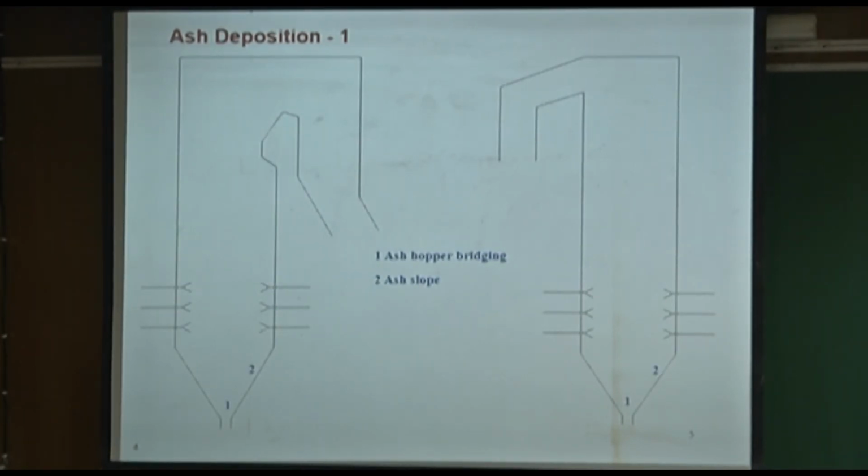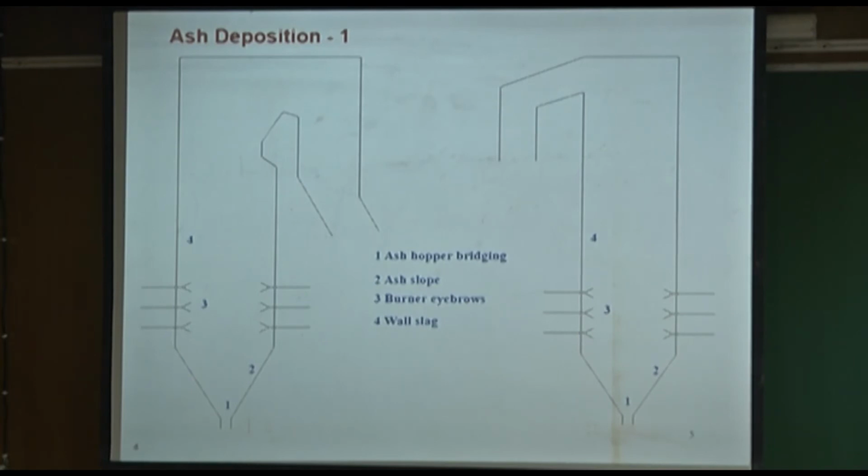Number two is that these are the ideal places for the ash to deposit, depending on the type of the material and its dynamic angle of repose. It can deposit here on the slopes. It can also deposit near the eyebrows of the burner. So you have one burner there, one burner there, one burner there. In between, there are nice little cool spots for the ash to form and then create all sorts of nuisance.